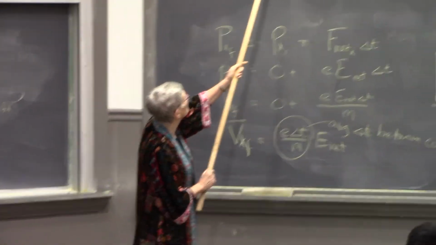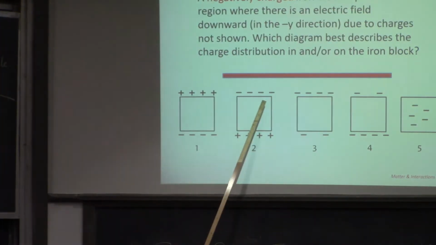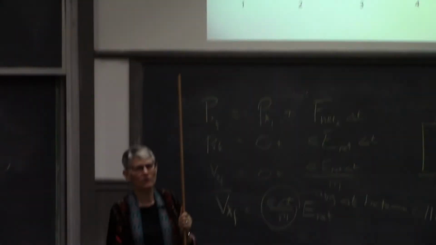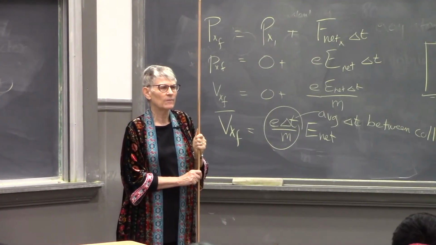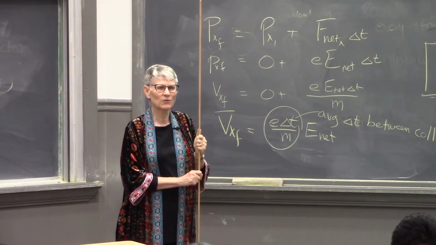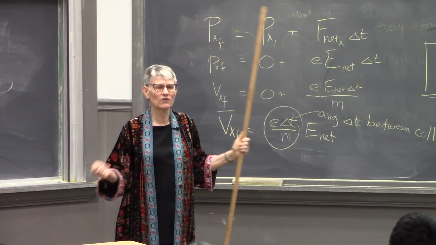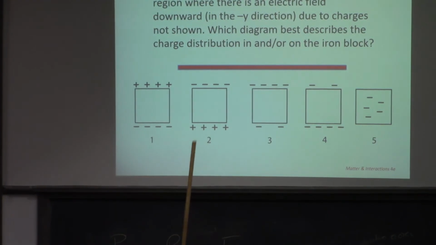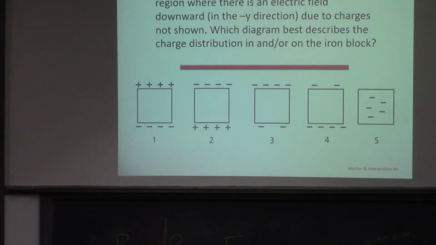And so, even though this is the right direction, if we count here, it looks like there's the same number of positive and negative charges, and that doesn't correspond to the situation that we described, which is that the block started out with some excess electrons, right? So therefore, in fact, this is an appropriate diagram for that situation.